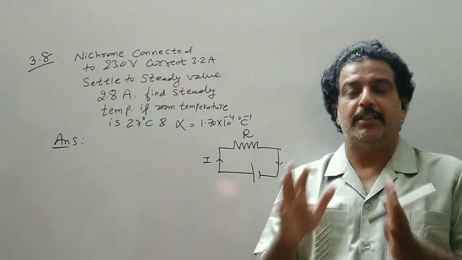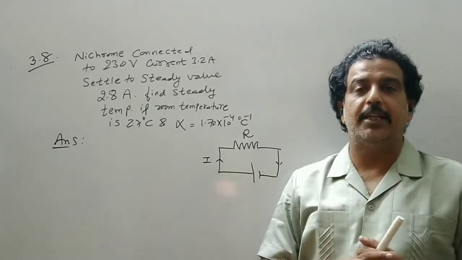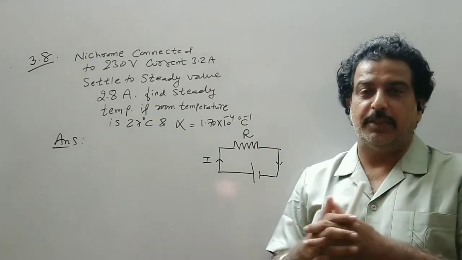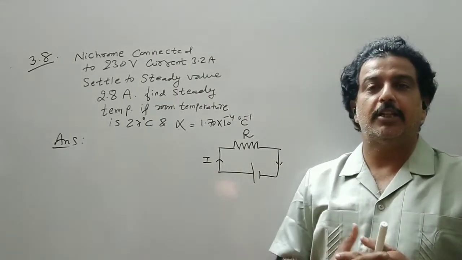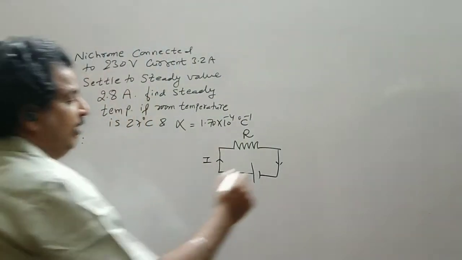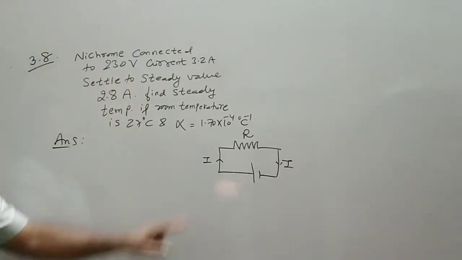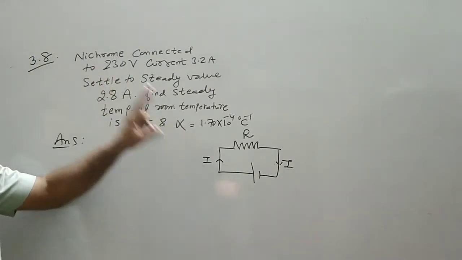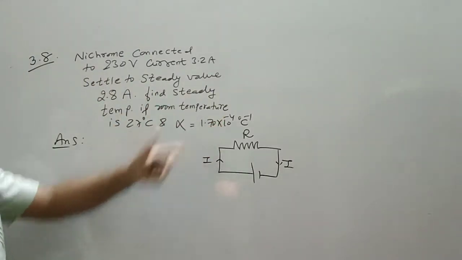The temperature becomes steady, the resistance becomes steady, and the current in the circuit is also steady. And initially, when we talk about this current, the temperature is assumed to be room temperature.